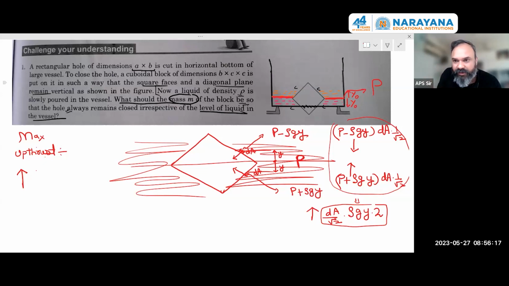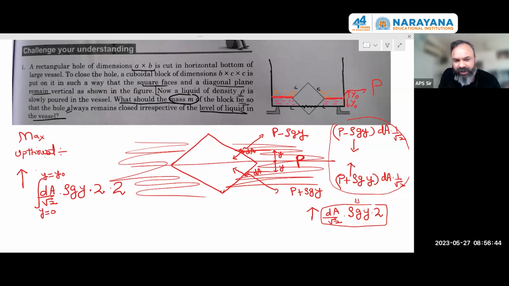And now what I'm trying to say is, with respect to this y naught, whatever y naught I have got, if I can just write this expression. So if I would have written the integral, I would have written dA by root 2 into rho g into y into 2, this much. And then from the left side, another factor of 2. Then I would have integrated from y is equal to 0 to y is equal to y naught.